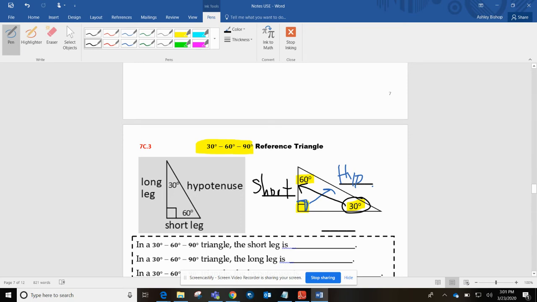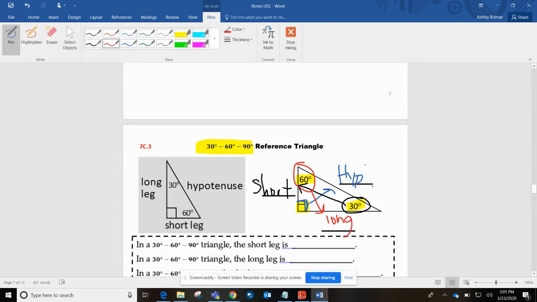So the side across from your smallest angle is your short side. And then the side across from my 60-degree angle is my long side. So short, long, hypotenuse. Please make sure you understand why that is the way it is.